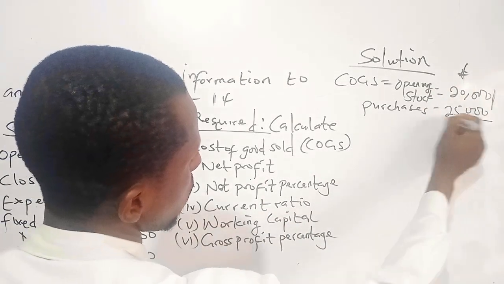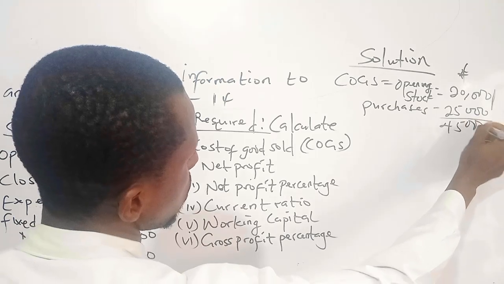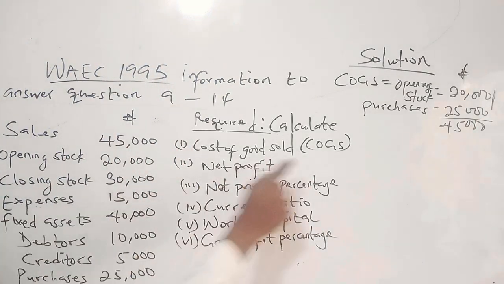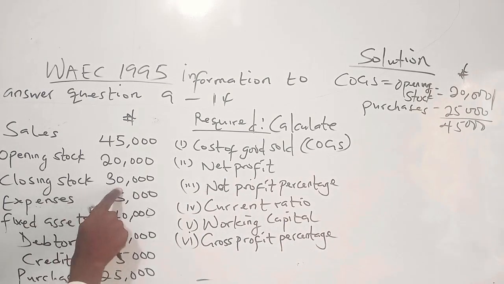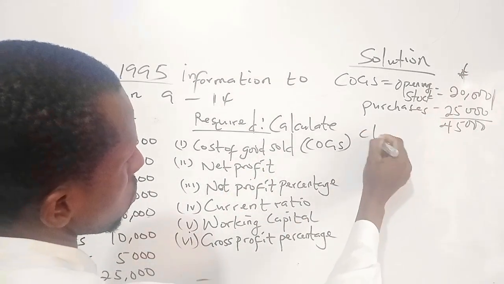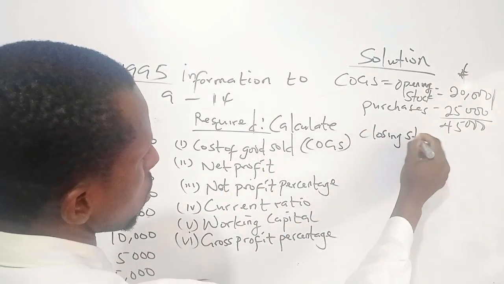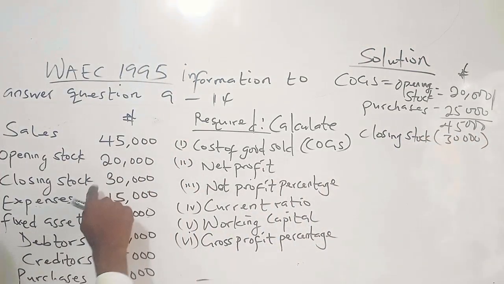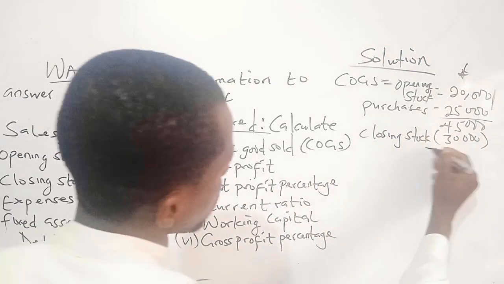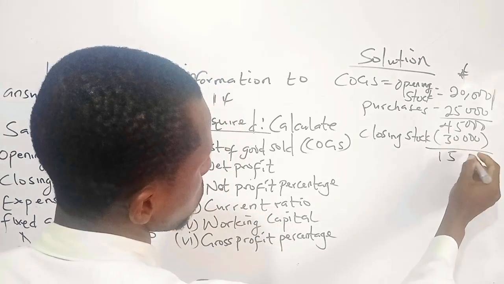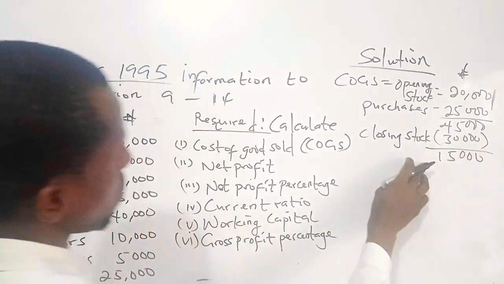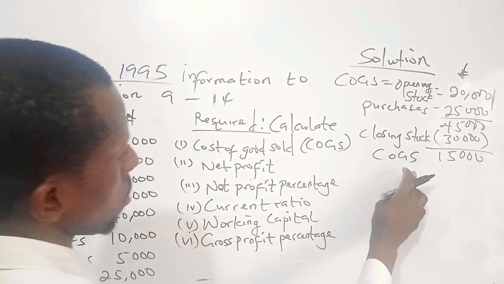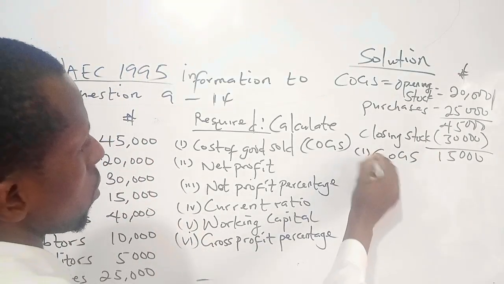When I add it, I have 45,000. This is the cost of goods available for sale. So I will less my closing stock from it, which is 30,000. What I'm having is the cost of goods sold, which is the first one. That is number one.